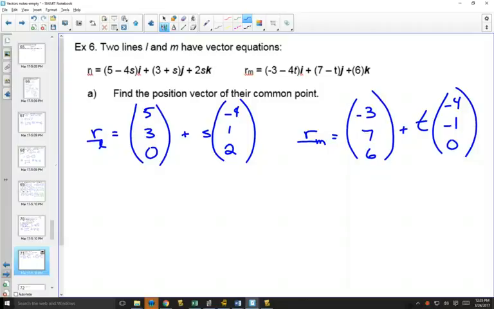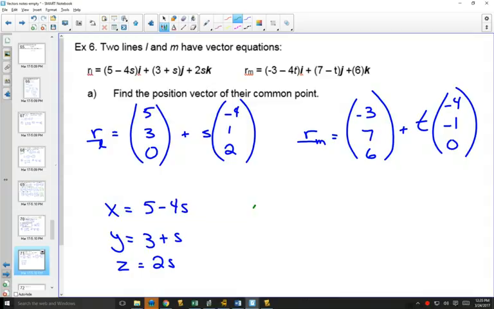So find the position vector of their common point. What we're going to do is look at each of our parametric equations. Here we'd have x is 5 minus 4s, y is 3 plus s, and z is 2s.